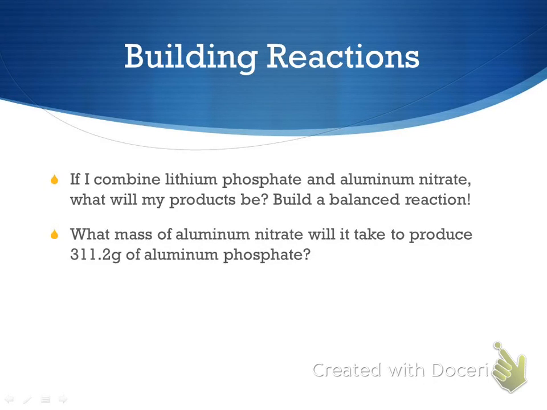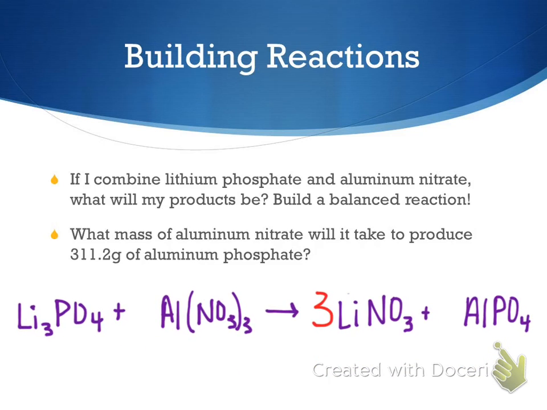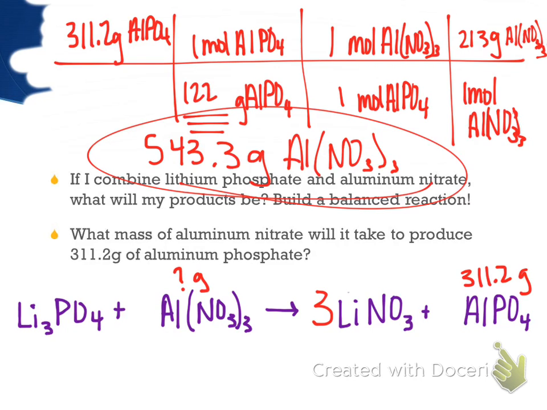What mass of aluminum nitrate will it take to produce 311.2 grams of aluminum phosphate? Okay, how do we feel? Great. Okay, that's where we're going to stop for notes for today.